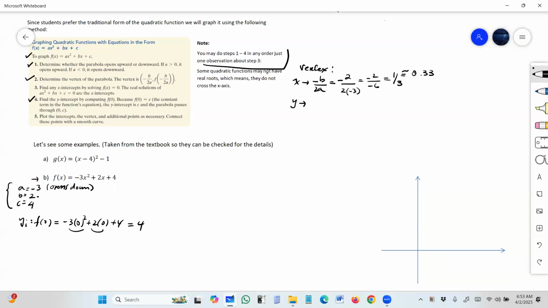And the y coordinate is the function evaluated at 0.33. Obviously it's difficult to do 1/3 squared, so you can find the value using the calculator, and this is perfectly okay. So let's go to the calculator.